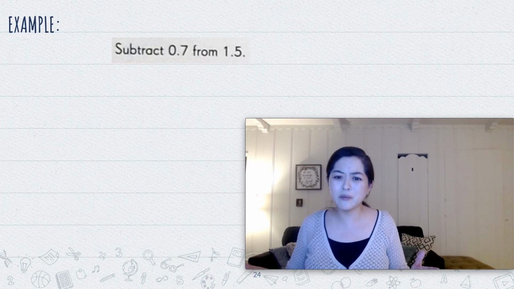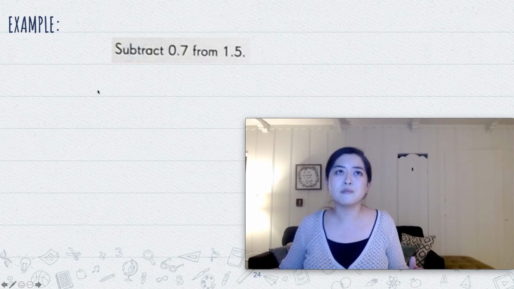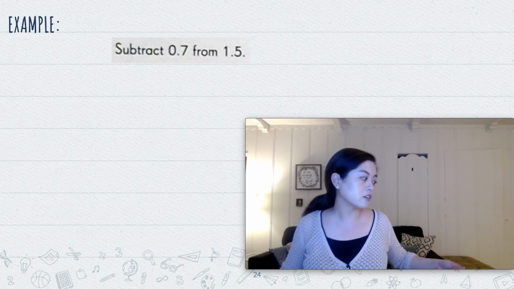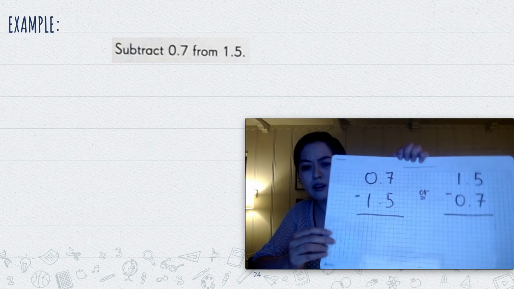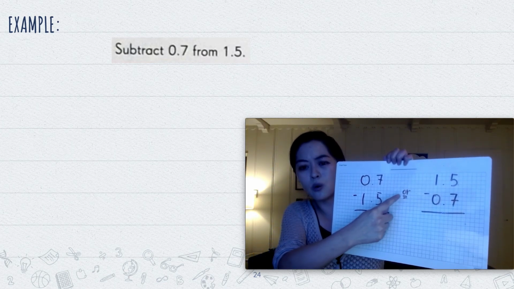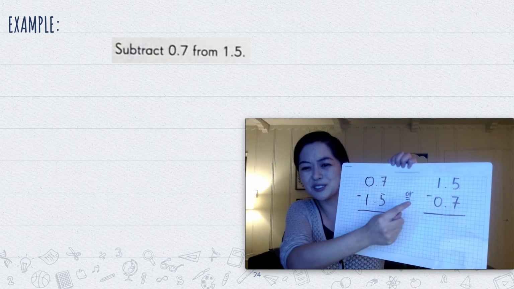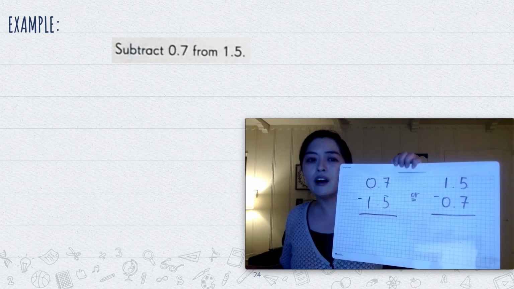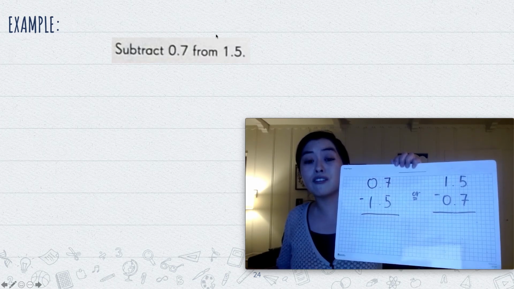So I know I need to subtract, but what's my order? Order is very important when we are subtracting. Okay, so it's either 0.7 take away 1.5 or it's 1.5 take away 0.7. Which one is it? Well, there's a key word here, from.